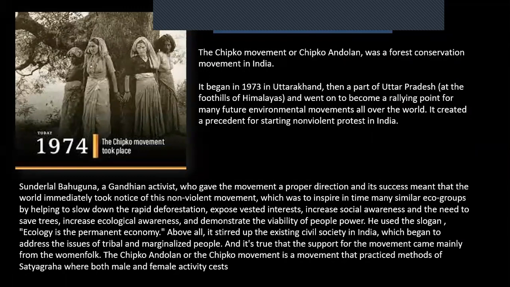Above all, it stirred up the existing civil society in India, which began to address the issues of tribal and marginalized people, and it's true that the support for the movement came mainly from the womenfolk. The Chipko Andolan is a movement that practiced methods of Satyagraha where both male and female activists took part.